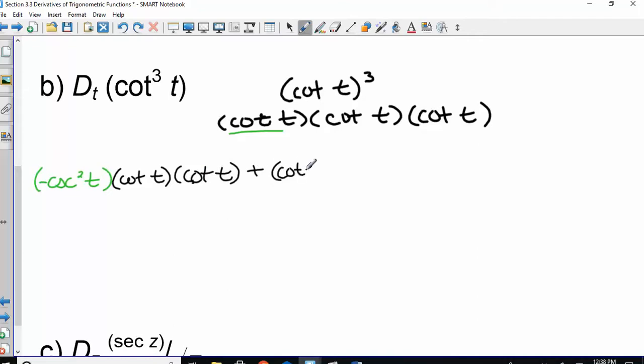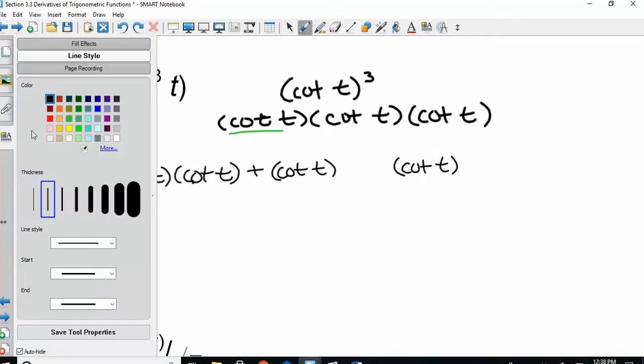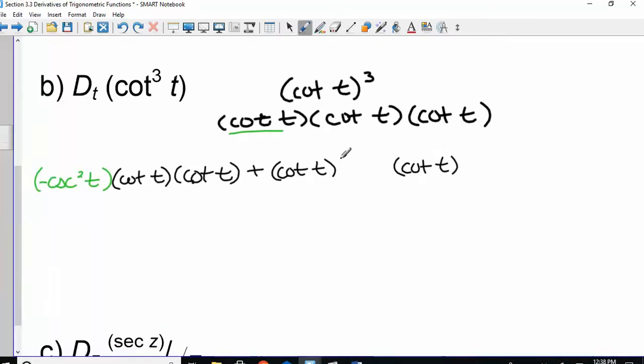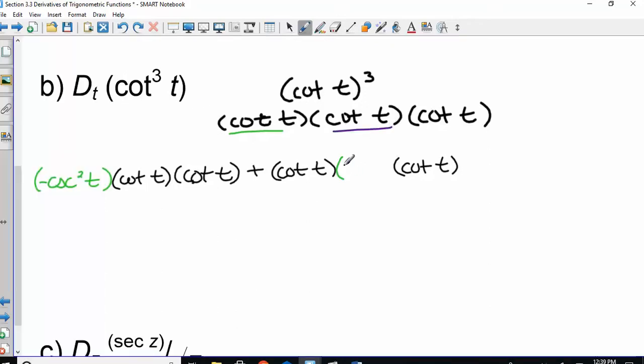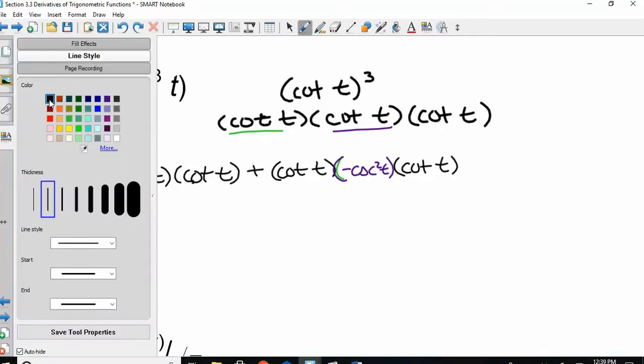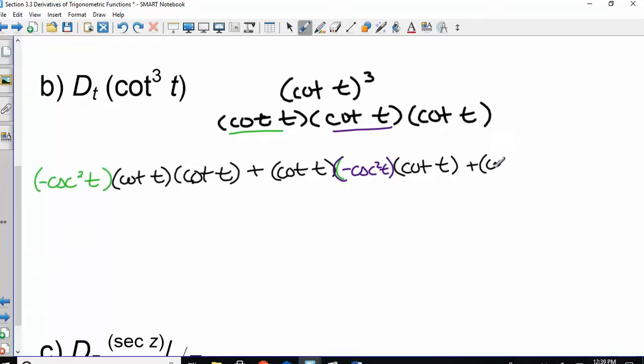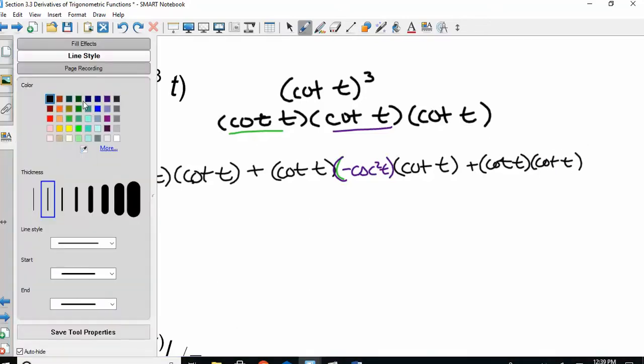Plus, this time the first and the last can stay the same, but we have to do the derivative of the middle. It's just a cotangent, so derivative of cotangent is negative cosecant squared. Plus, this time the first and second stay the same.